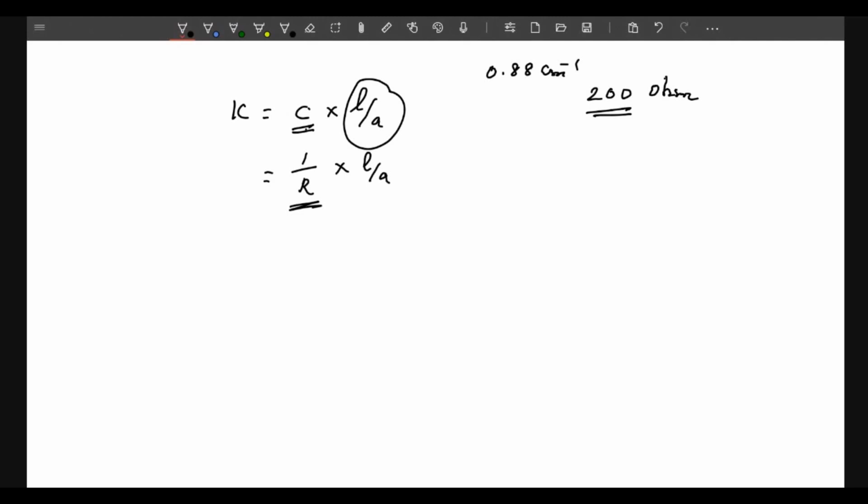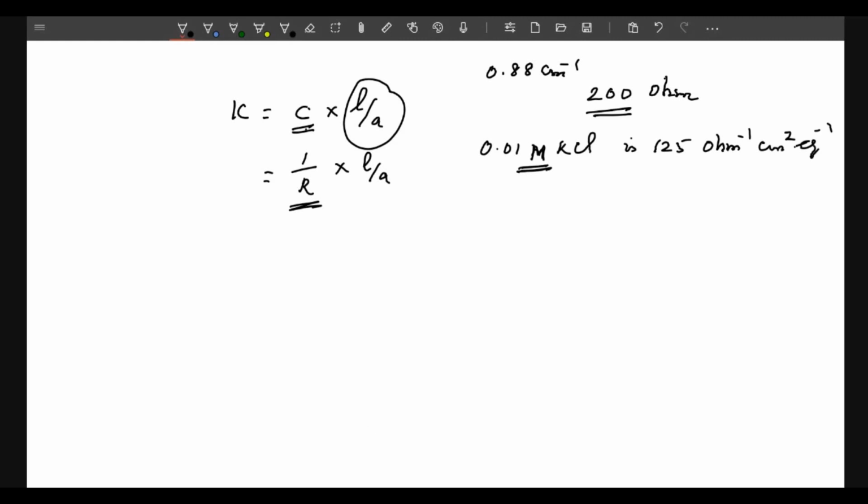Okay. Next question, you work out at home. Next question: the equivalent conductance of an aqueous solution of 0.01 molar potassium chloride. Equivalent conductance is given, but they are giving it in the molarity. It is 125 per ohm centimeter square per equivalent.